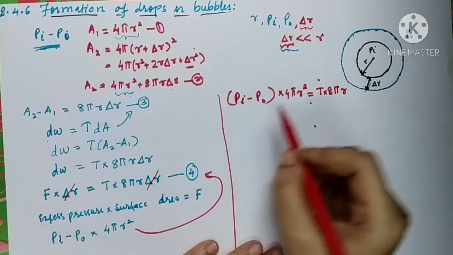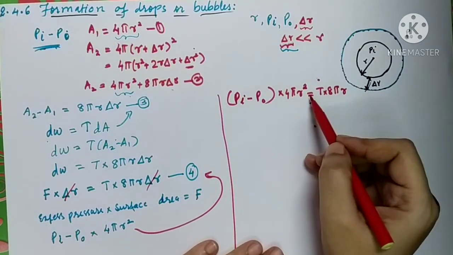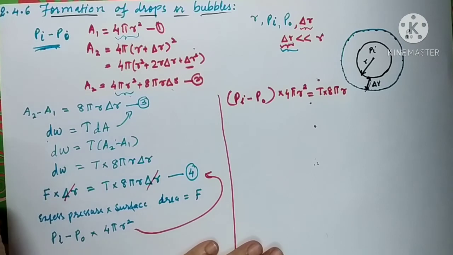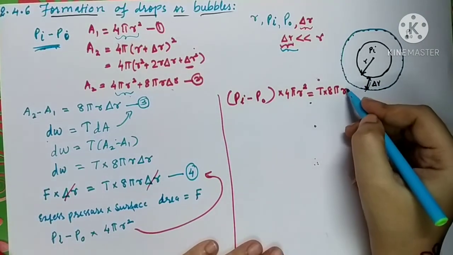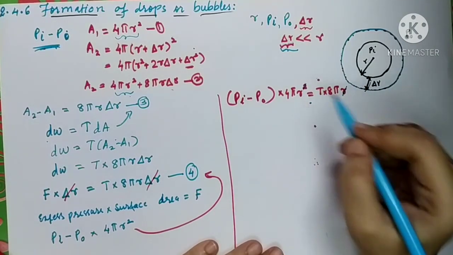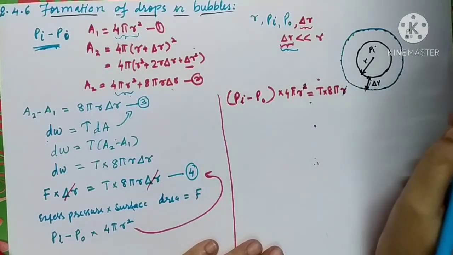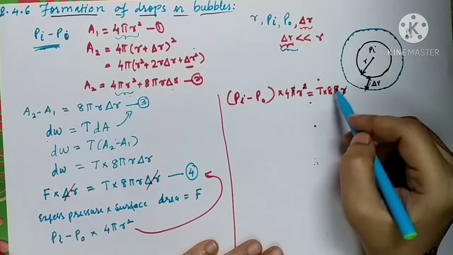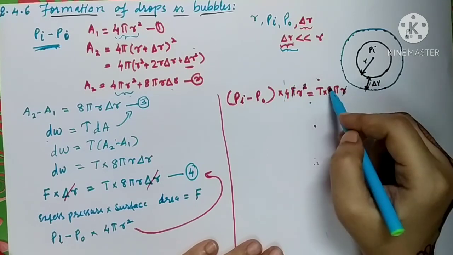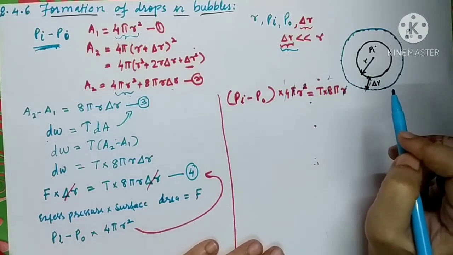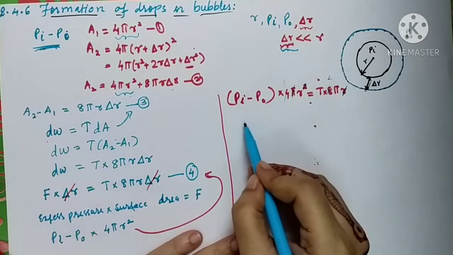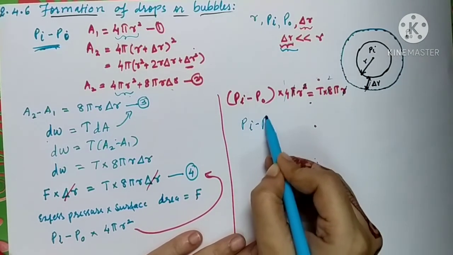So here also some of the terms are going to be cancelled. R will be 1 R square, 1 R from the R square will get cancelled. Pi is going to cancel. 4 ones are 4, 4 twos are 8. So we are going to get Pi minus Po.